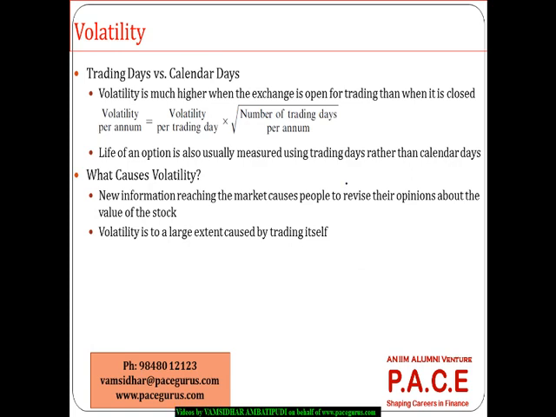Now, a few things which we have already brought out. To compute the volatility per annum, we take the volatility per trading day and multiply it by the square root of the number of trading days per annum.